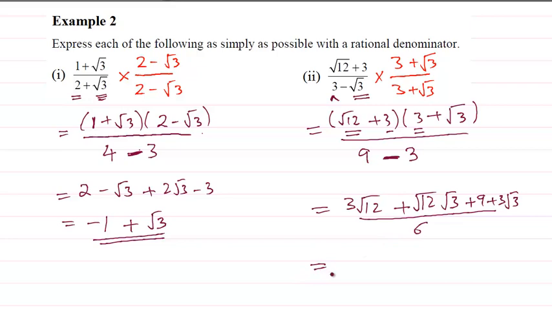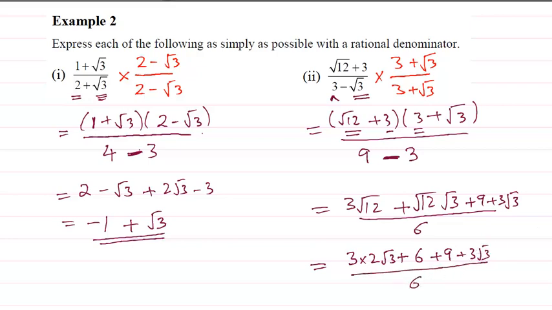So we can simplify a little bit. So 3, if we solve this root 12, which is 2 times root 3. Root 12 times root 3 is root 36, which is basically 6. Then we got 9. Then we have 3 root 3.